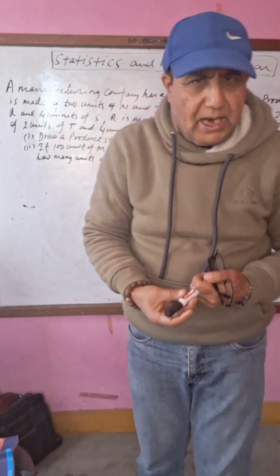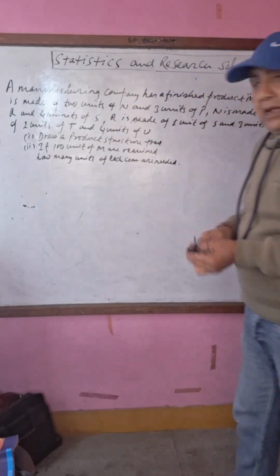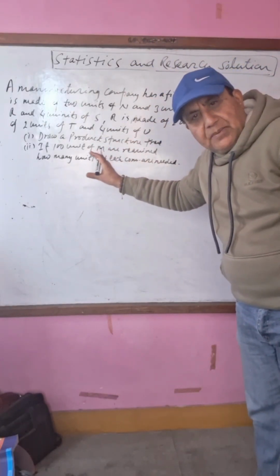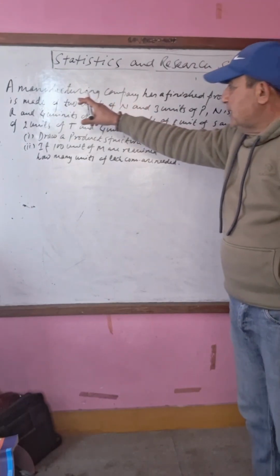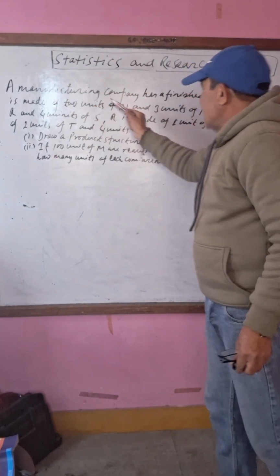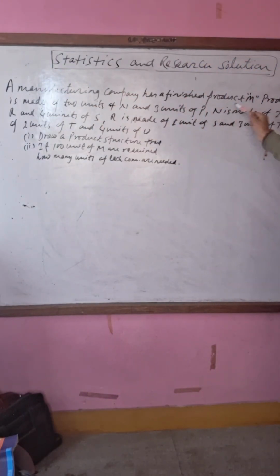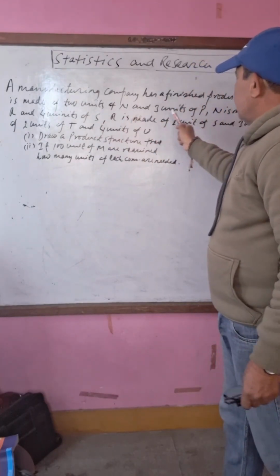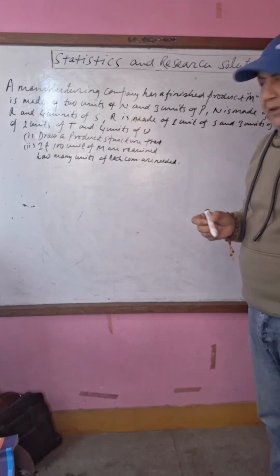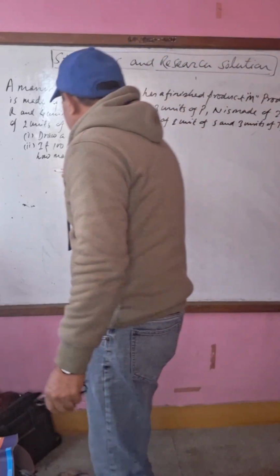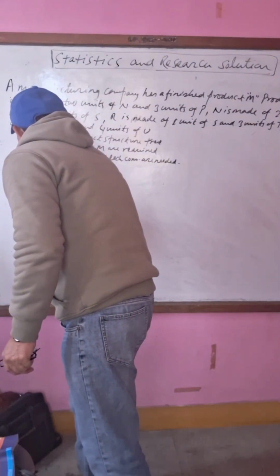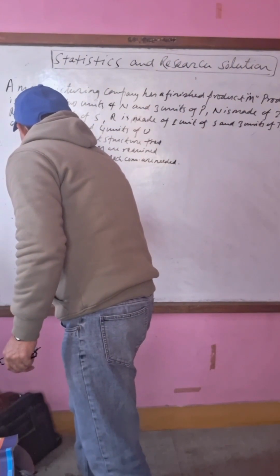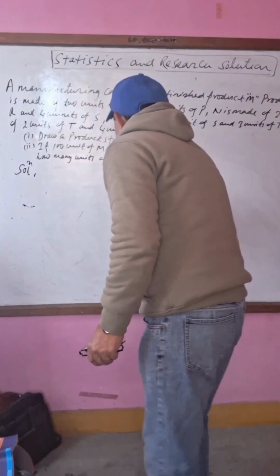So how to solve that one? Here I have already written the problem on the board. A manufacturing company has a finished product M. Product M is made of 2 units of N and 3 units of P. Now the solution.